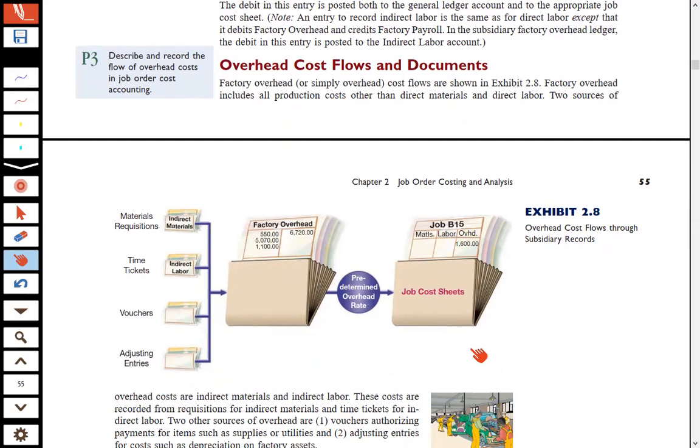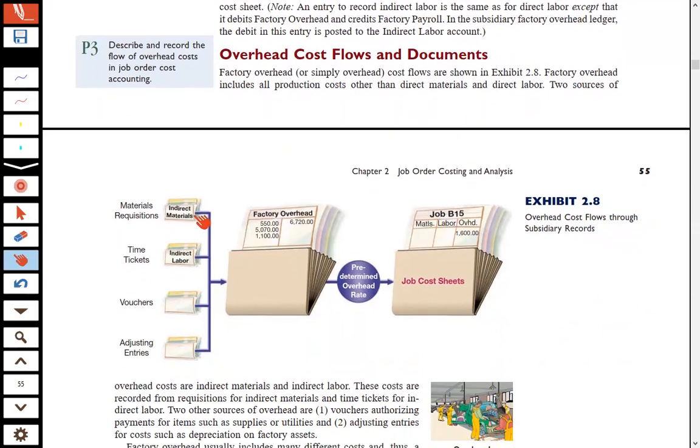That is the expenses incurred in that job, in the completion of that job. Material requisitions for indirect materials and labor time tickets for the indirect labors will also go to the factory overhead ledger. Apart from that, some vouchers.